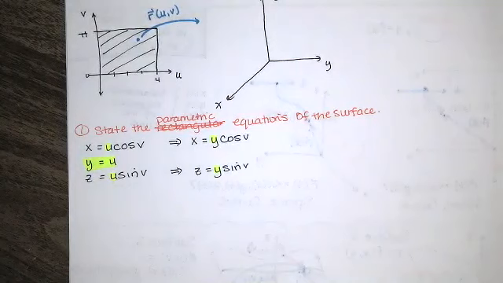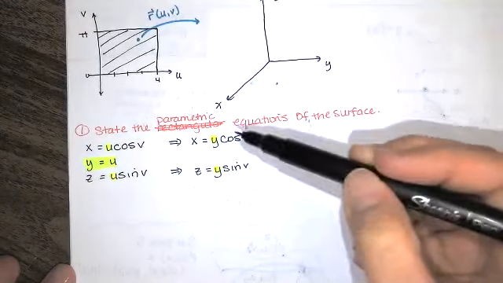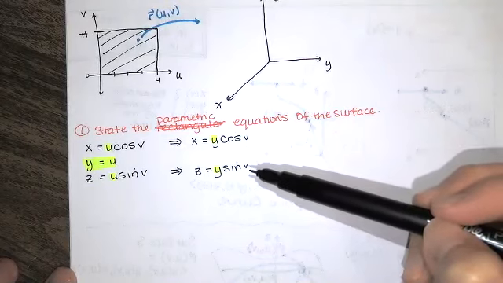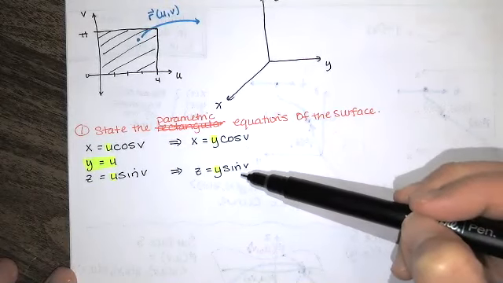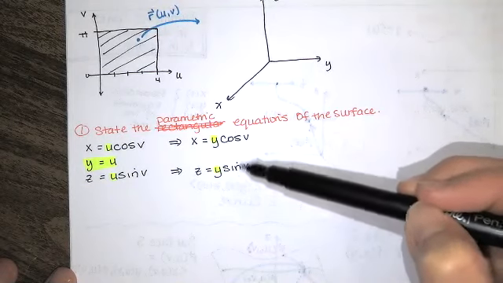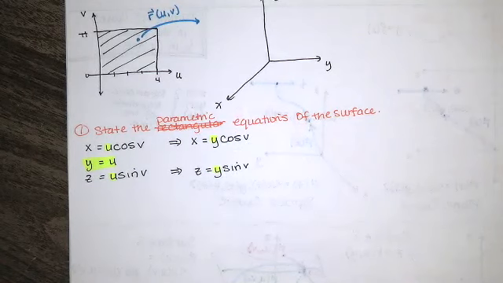And that's nice, because that gets rid of the u in the equations for x and z. Now, another thing I notice is that I've got these two trig functions with the same angle, sine of v and cosine of v, and that is very helpful because I know that sine squared plus cosine squared, when the angles are the same, always gives us 1.